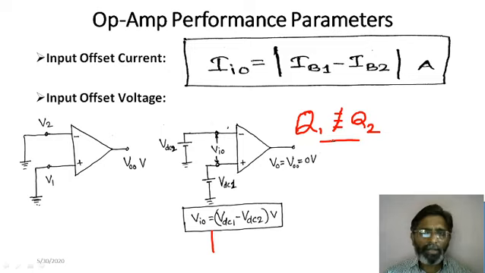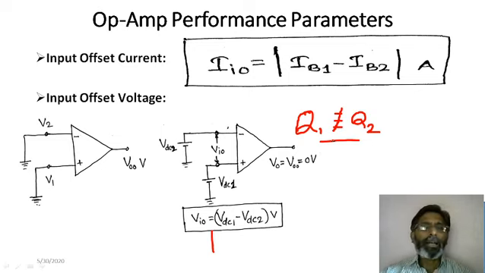So because of that, IB1 and IB2 will not match, they have some offset, they will be different. How much they are different is represented by the input offset current. So input offset current is basically the difference between IB1 and IB2. It is the magnitude difference between IB1 and IB2 in ampere.